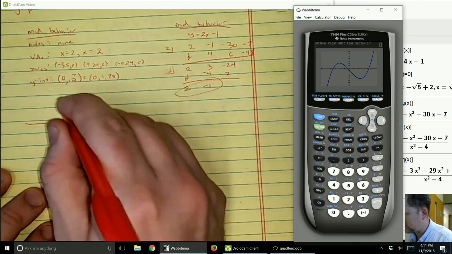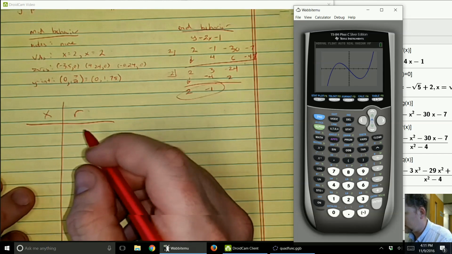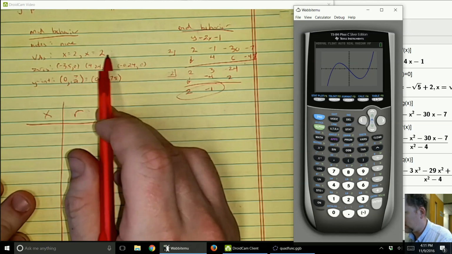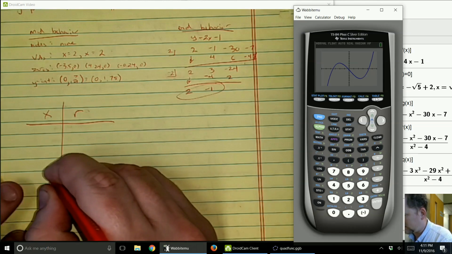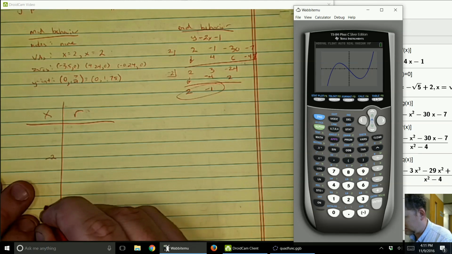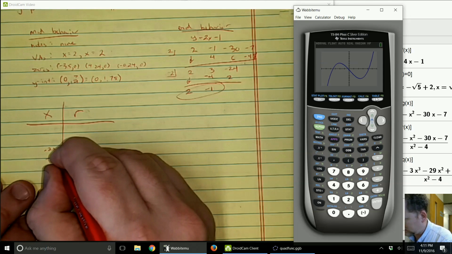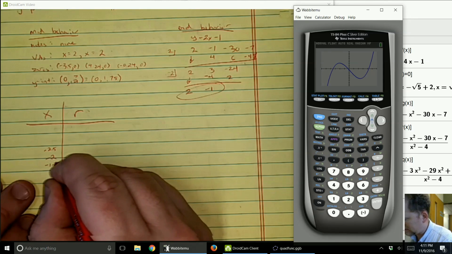Table of values. It's a good idea to put your vertical asymptotes in the middle, sort of. Just sort of spread them out a little bit, and then what I usually want to do is cluster up around there.